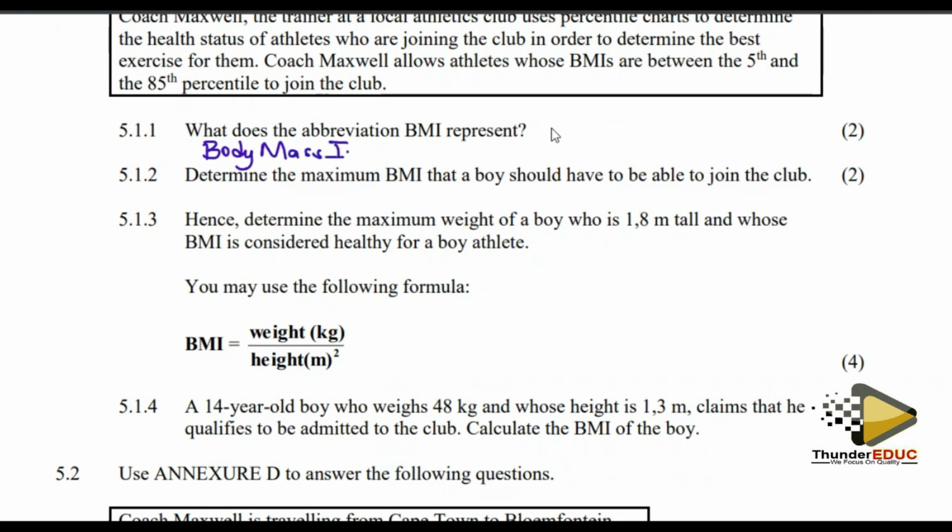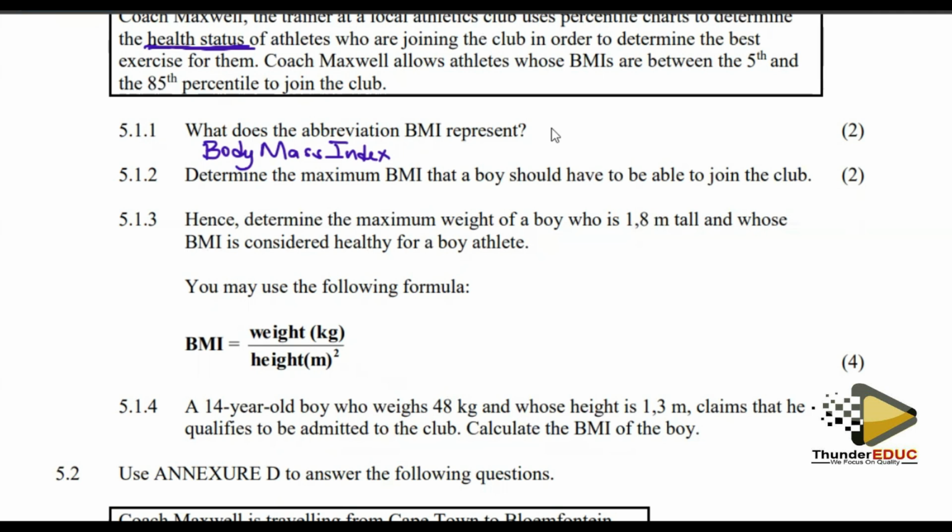And the I stands for index, body mass index. That's what it represents. What do we use it for? To tell the health status. It's used to determine the health status. It's used in babies and sports people. Actually, for human beings, this is used in hospitals.